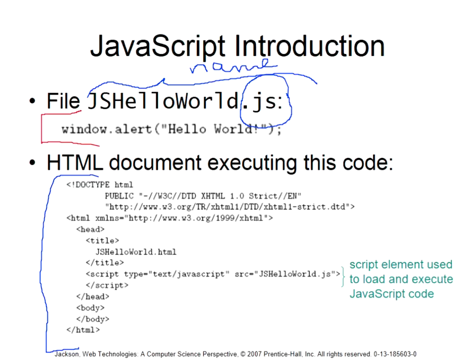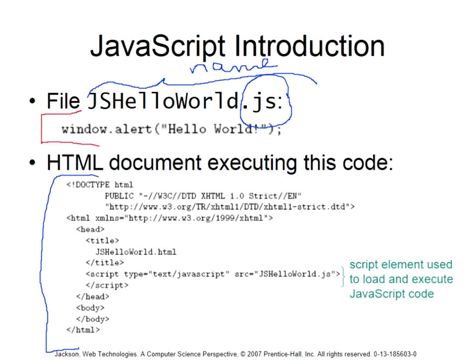To make a link between a CSS file and an HTML file, what is the tag we use? We use the tag link.